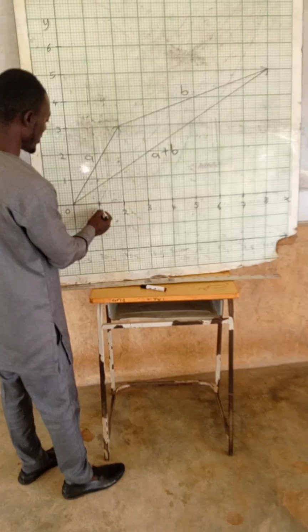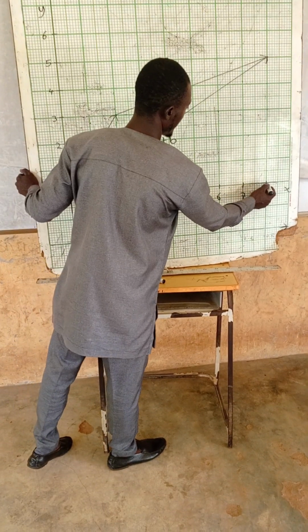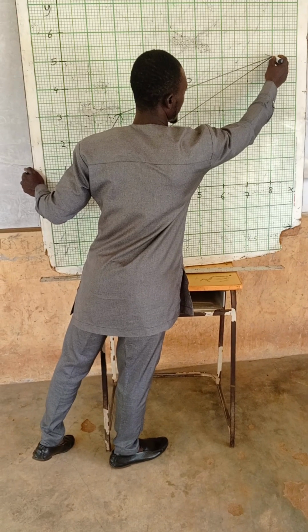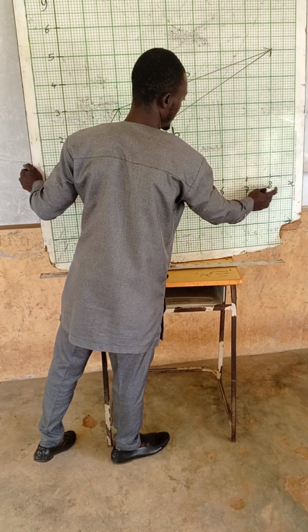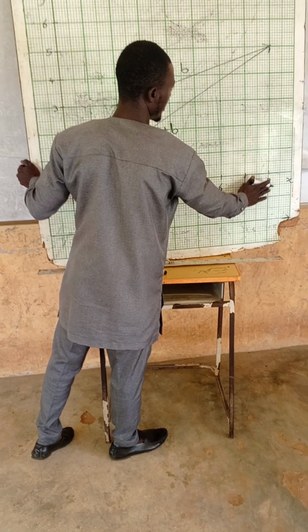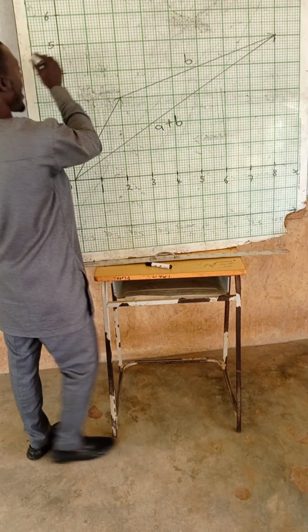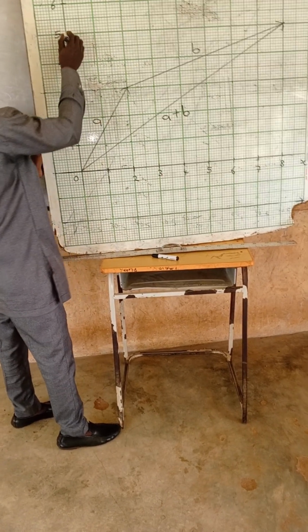Let's do that again. We have 1, 2, 3, 4, 5, 6, 7, 8. So we can see that the end point coincides with 8 along the x-axis. It means that the x component is 8. Then the end point, you trace it to the y-axis. You realize that it coincides with 5.